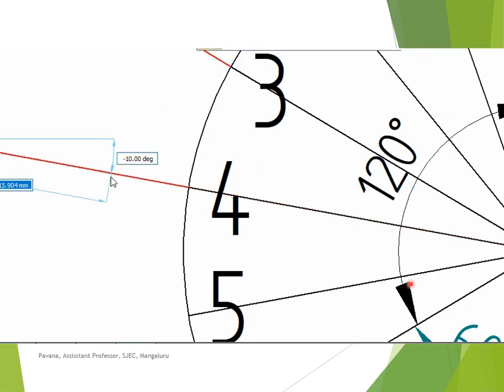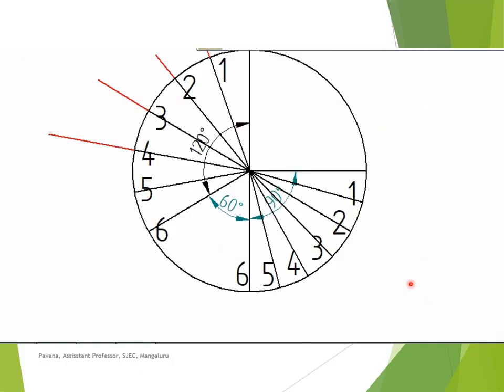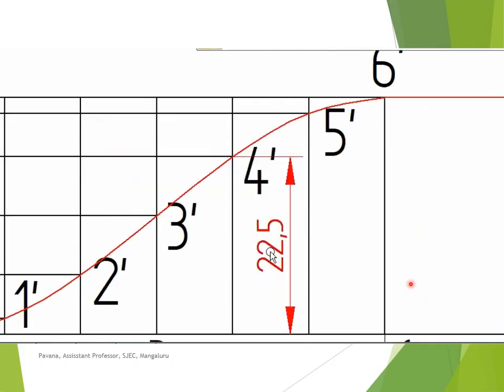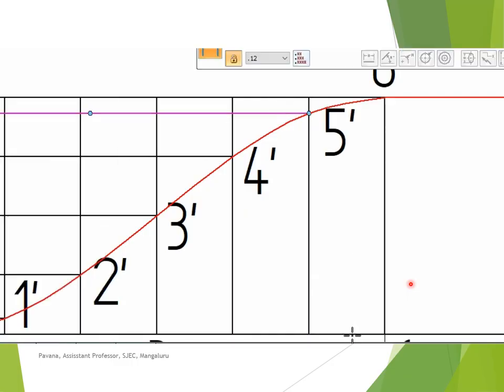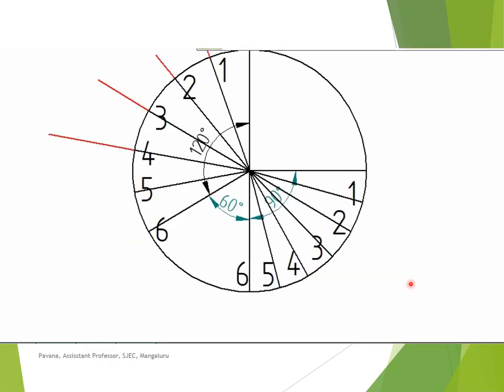It should be in a straight line. Be careful about that. It looks like this, the lines. Measure 5 dash from the displacement diagram. Join to this point.